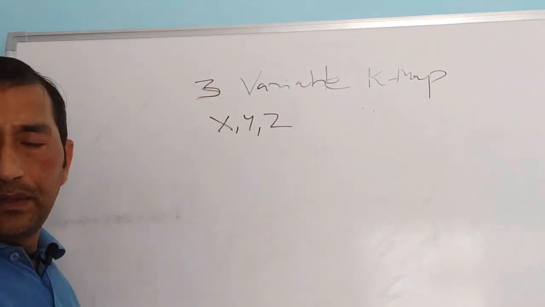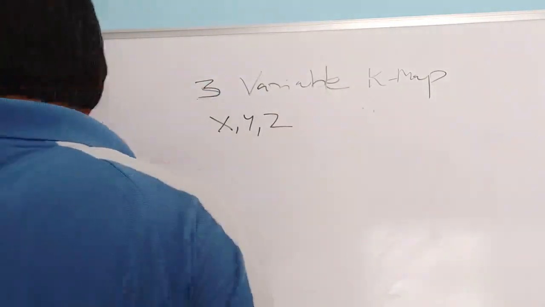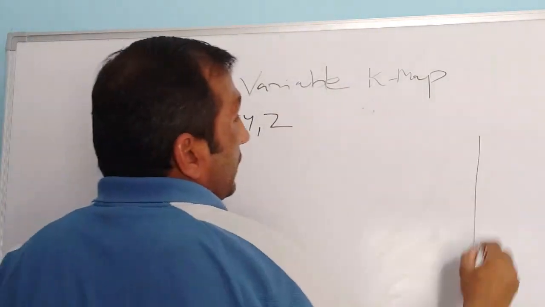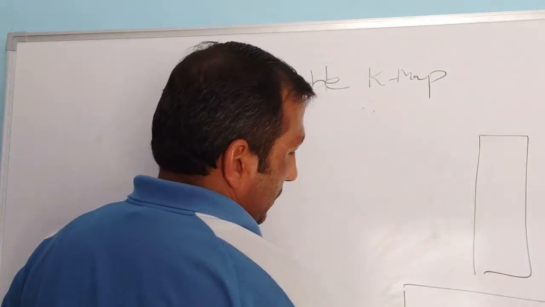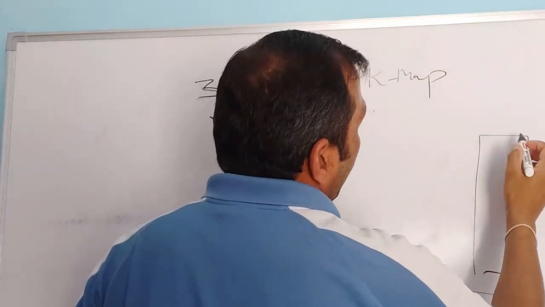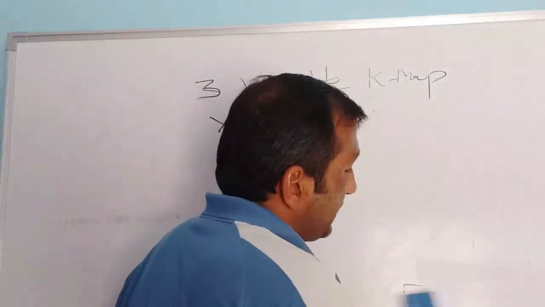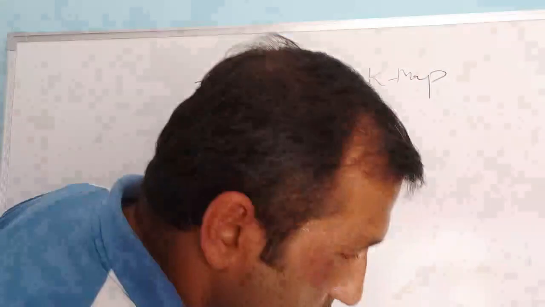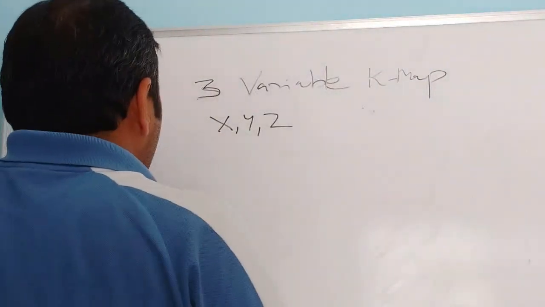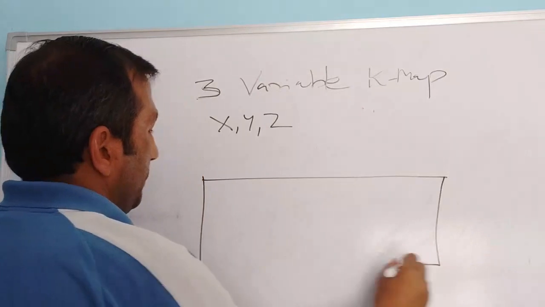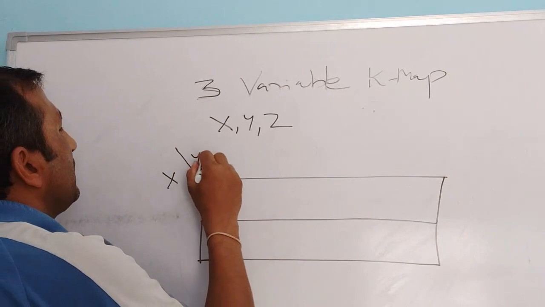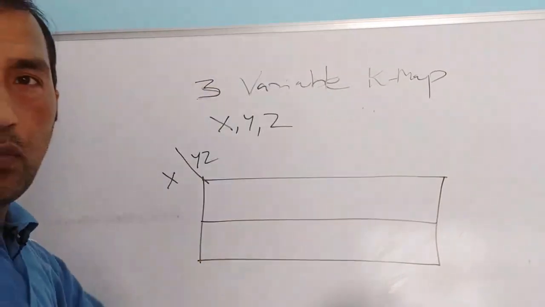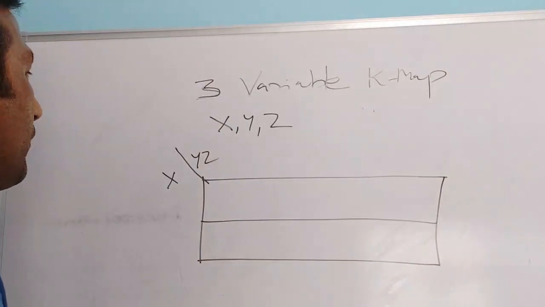In this case it can be either vertical or horizontal, because ultimately we will have to use it as x and y axis like we were using earlier. Here also we will do the same. Let's take an example: here goes x and here goes y and z, or it can be in vertical direction also. This is in horizontal form.